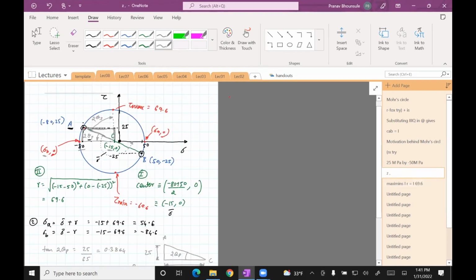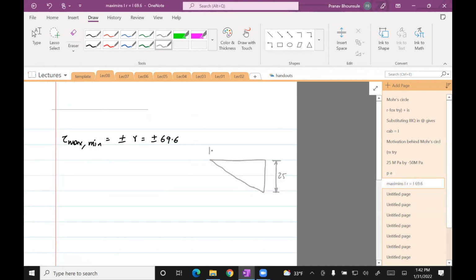And then this length is going to be the distance from 80 to the center, so minus 80 or minus 15. So it's 65 units. We're only interested in the magnitude. And then this is 2 theta.